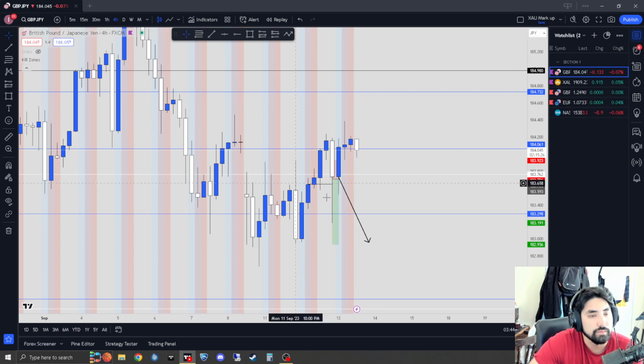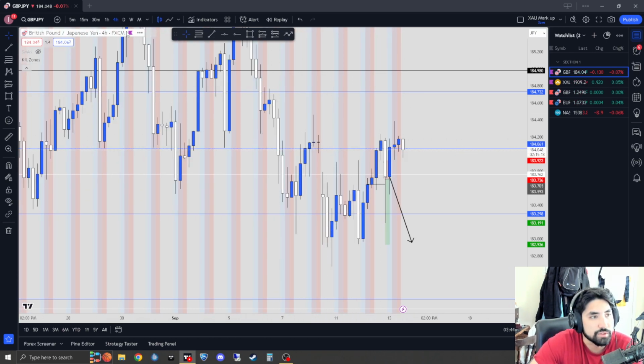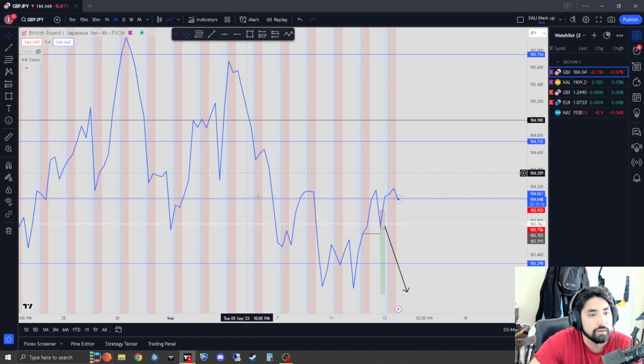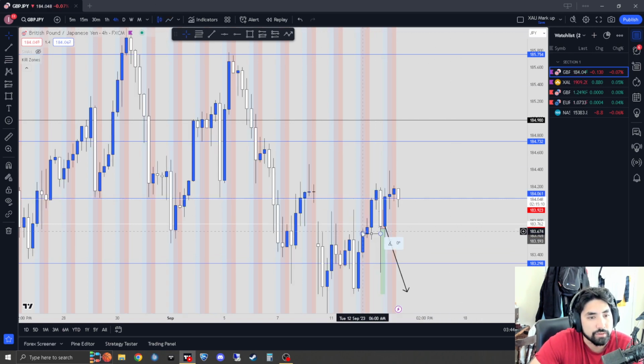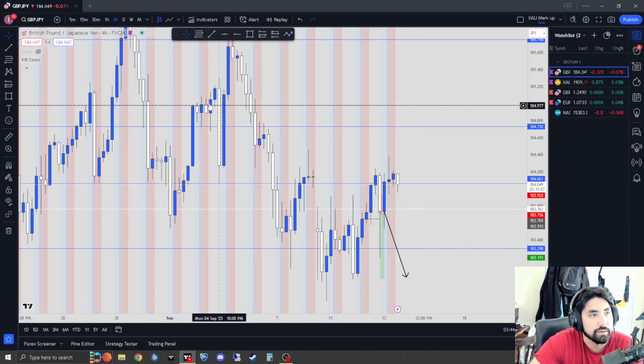We did have a rejection off this blue zone here, which is my H4 resistance, because we do have a lower low, lower high, lower low, testing that last high. And we did have a bearish engulfing on here. So let me go down to a lower time frame.